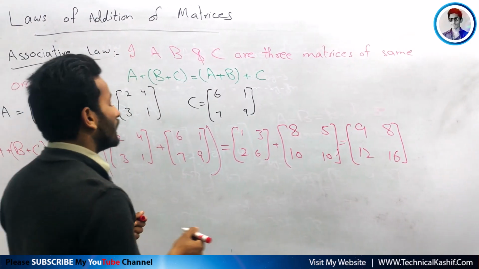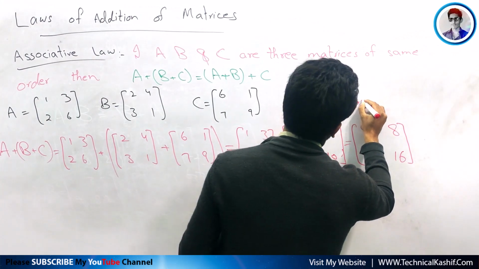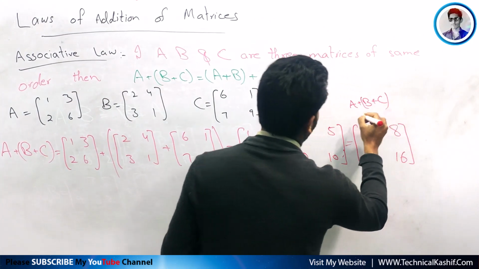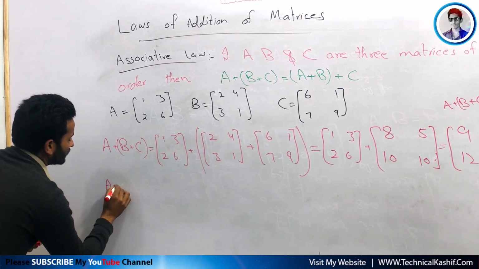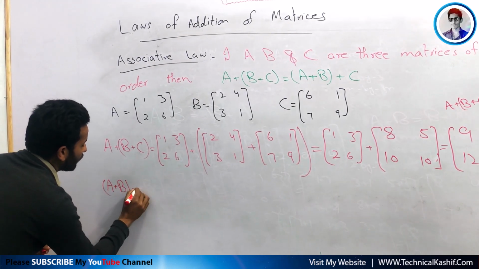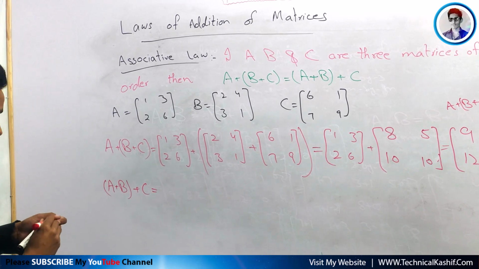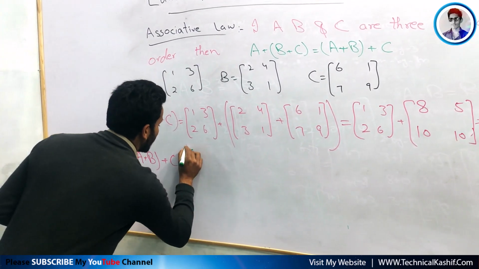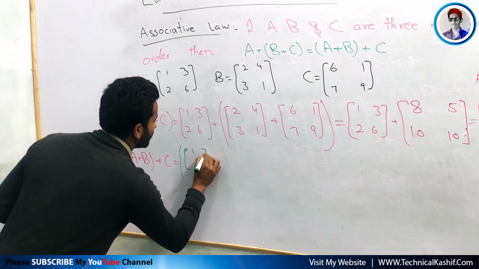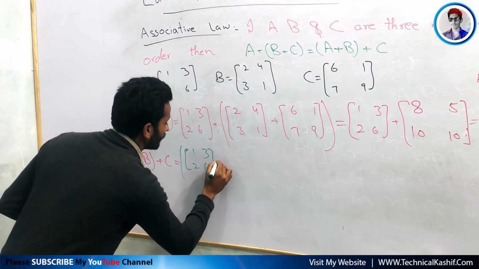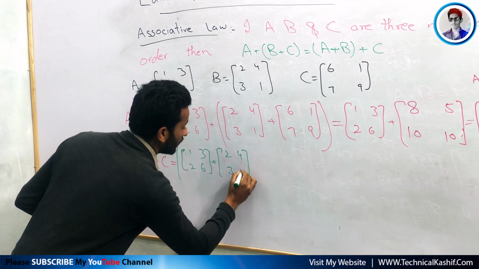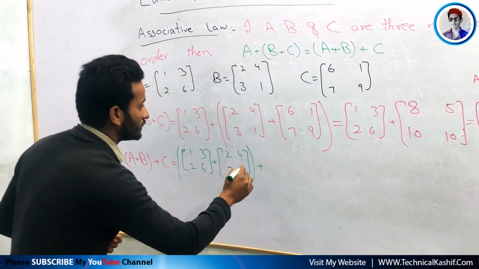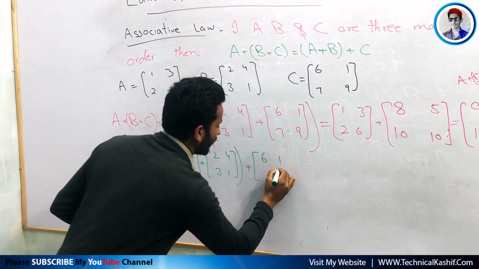First we found A plus (B plus C). Now we have to find (A plus B) plus C. For this we use [1, 3; 2, 6] plus [2, 4; 3, 1] plus [6, 1; 7, 9].